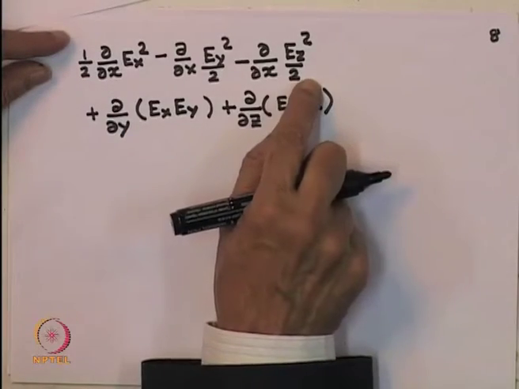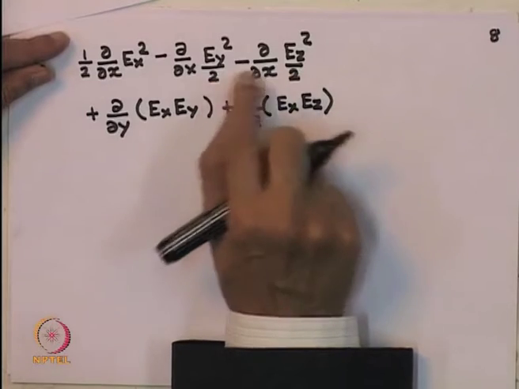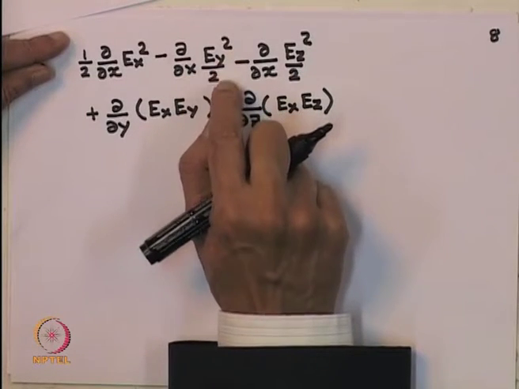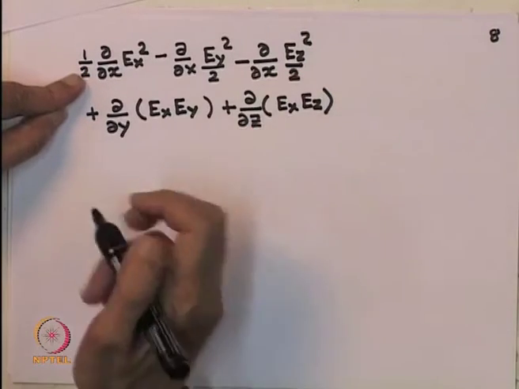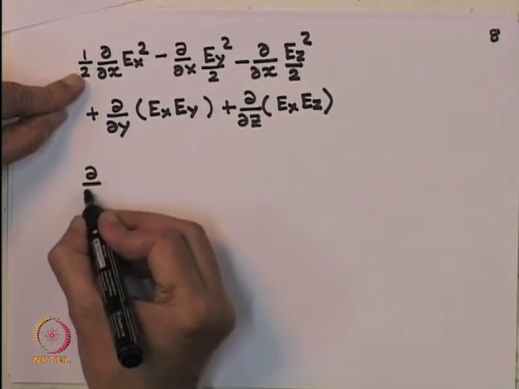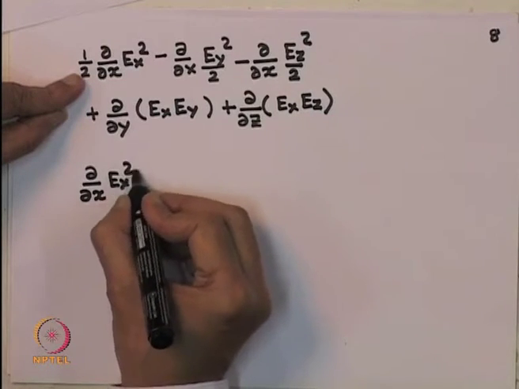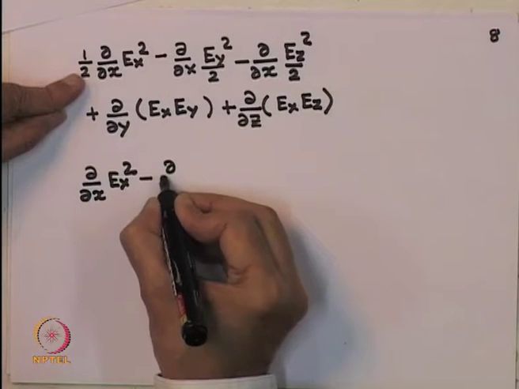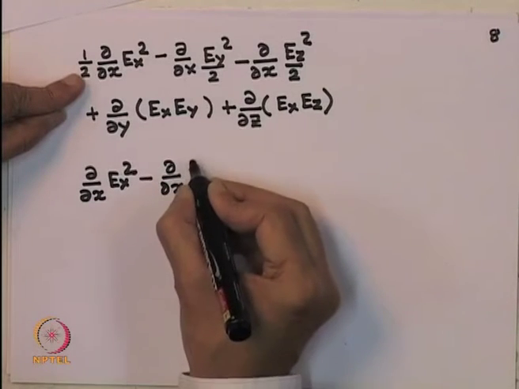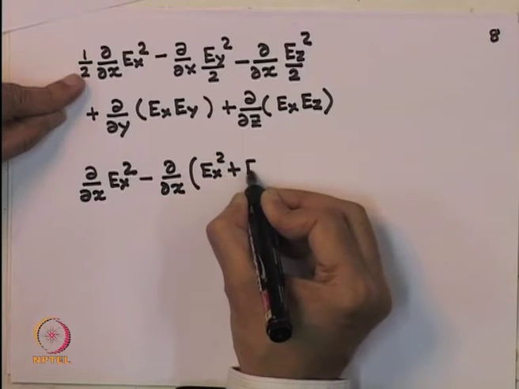Looks a little asymmetric, but notice I can add a term d by dx of minus E x square by 2 here. To take care of this half, I will be left with d by dx of E x square minus d by dx of E x square plus E y square plus E z square by 2.